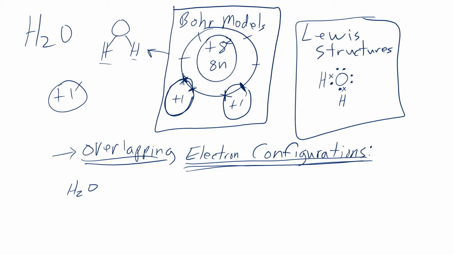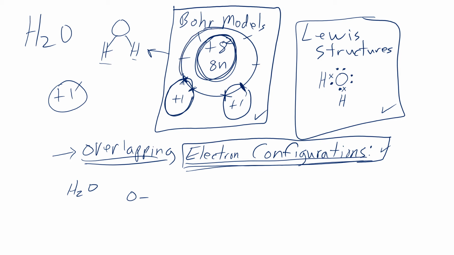I want to show overlapping electron configurations. Electron configurations can show me exactly where the electrons are. The Bohr model didn't know about them. Lewis structures didn't know about these. So electron configurations should be our most specific ones. We'll do the oxygen first, and just the valence shell of it. So 1s2, these 2 electrons in the first shell, we don't need those.